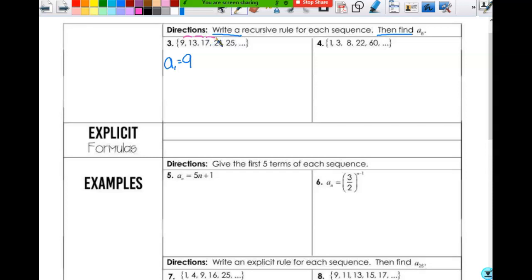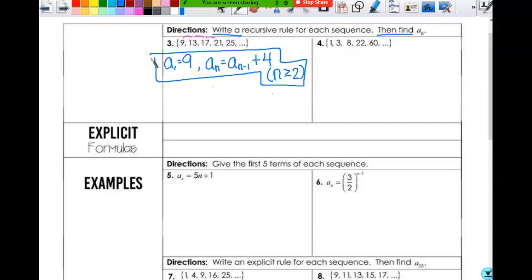And since I can just start from the beginning and start adding 4, that means my a sub n would be a sub n minus 1, so the term before it, plus 4. And since I gave the first term, that only works when n is greater than or equal to 2. There is my recursive formula.